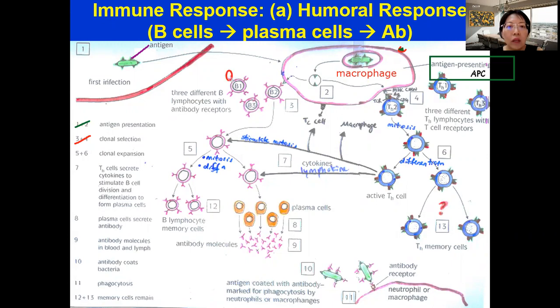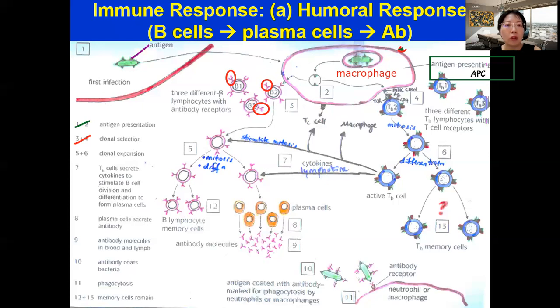This one is U-shape, this is V-shape, and this is straight like this. So they're all different because of the receptor molecule on the membrane.